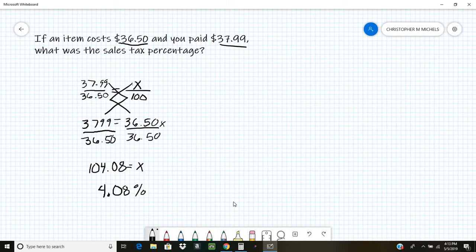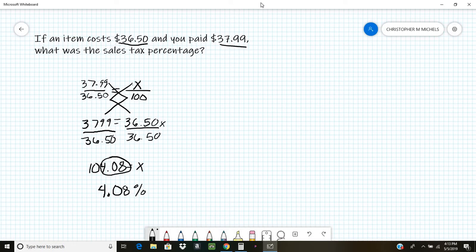So when you find these numbers, ask yourself, does it make sense? Does it fit the context of the problem? In this case, a 4% increase from 36.50 to 37.99 makes more sense than a 104% increase. That'd be way too small a number for that kind of increase.